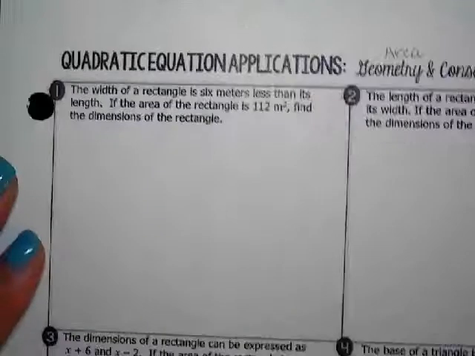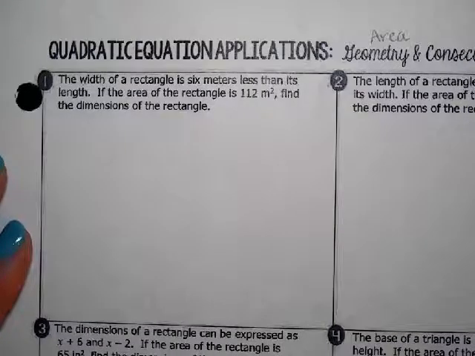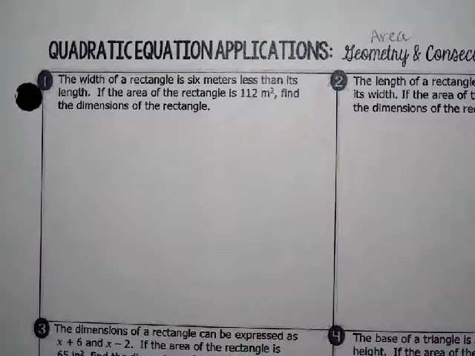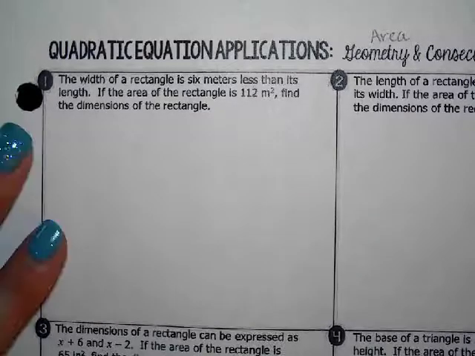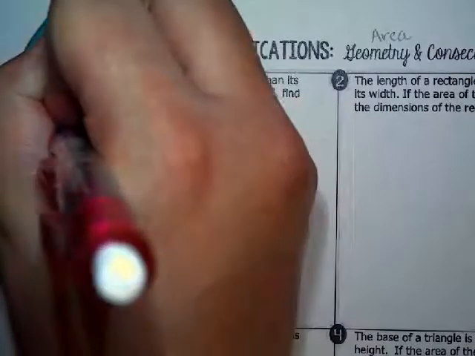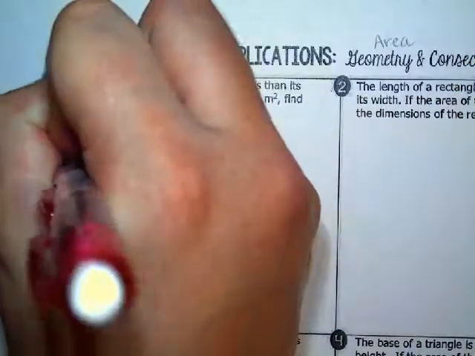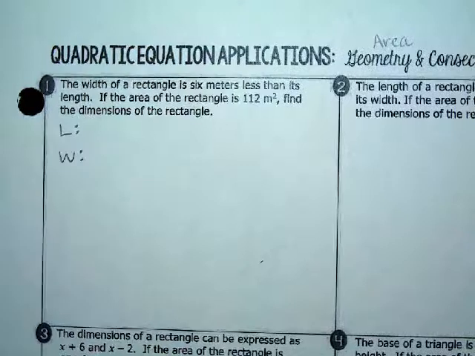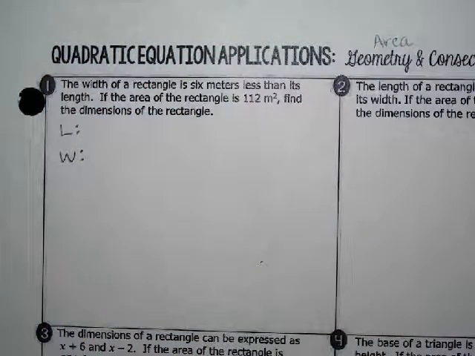All right, so the first problem says the width of a rectangle is 6 meters less than its length. How do we find the area of a rectangle? Length times width. So let's go ahead and write down length and width. It says the width is 6 meters less than the length.